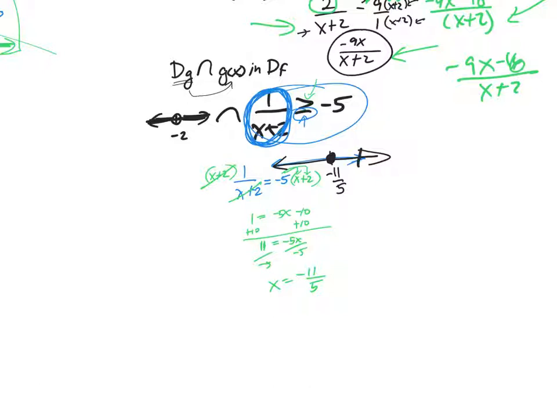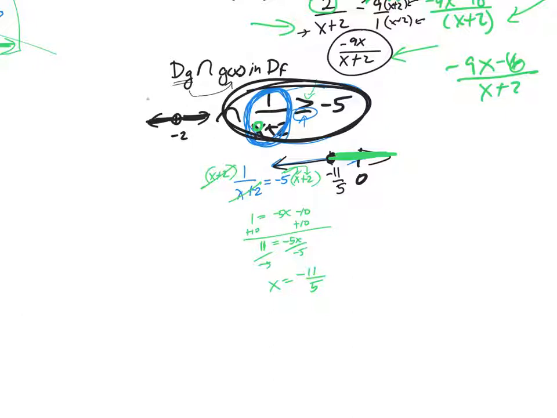You know that 0 would be to the right of this, right? Stick 0 in and then see if it works or not. We're doing something called testing intervals. Put in the 0. You get 1/2 is greater than -5. Is that true? Definitely.